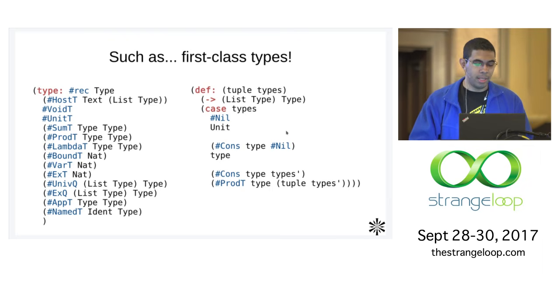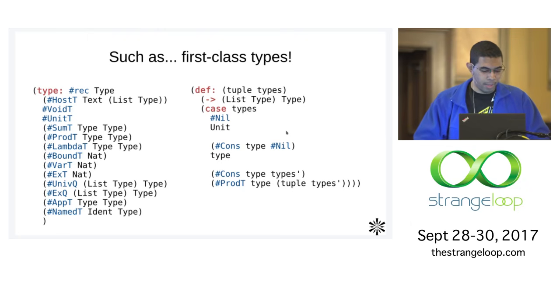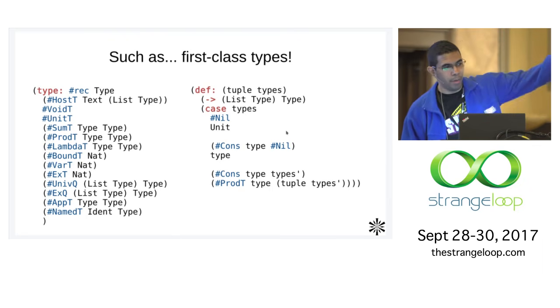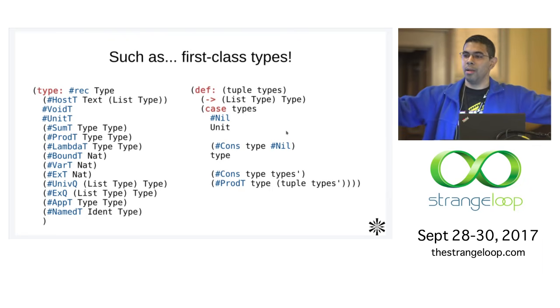The reason why this is interesting is because some of you may be familiar with using types in statically typed languages, but a problem that those languages have is that they impose an artificial barrier between types and values. Basically, you have your types that live over here and your values that live over there, and they don't communicate. There is this small wormhole that connects them called the type checker.